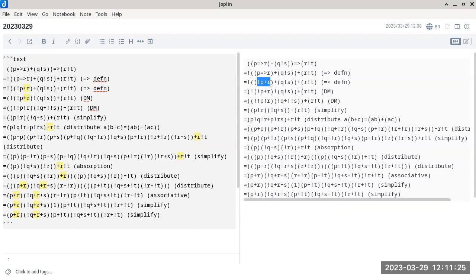So I'm not spotting any problem because the implication means A implies B turns into not A or B. And in this case, P is the A and then R is the B. So I can clarify a little bit more here because A implies B is the same thing as not A or B. Does that help?